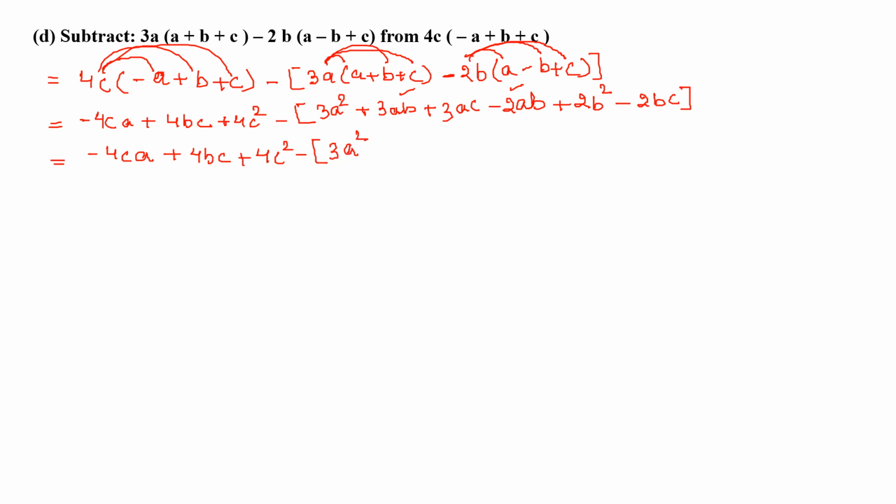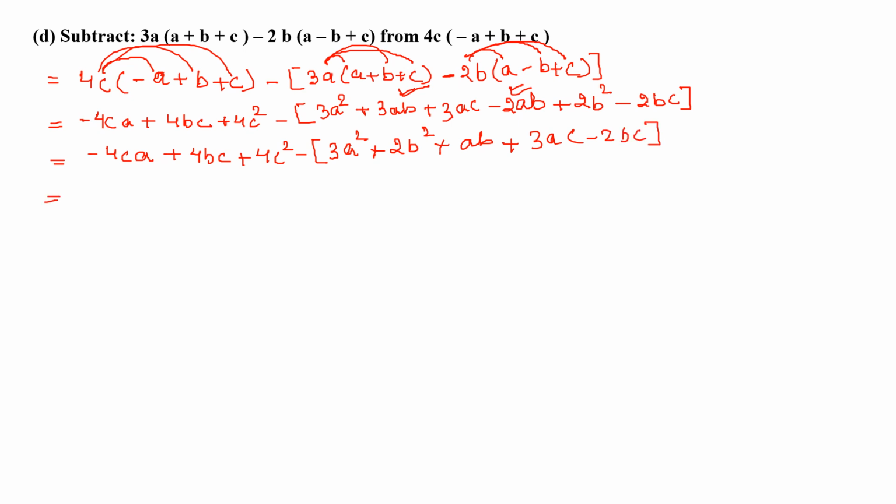And I'm arranging also. We know that we have to write in descending order of the power. Okay, so a square and then I will write plus 2b square. Then plus 3ab minus 2ab. I am combining these two like terms. I will get only ab. Then plus 3ac and minus 2bc.